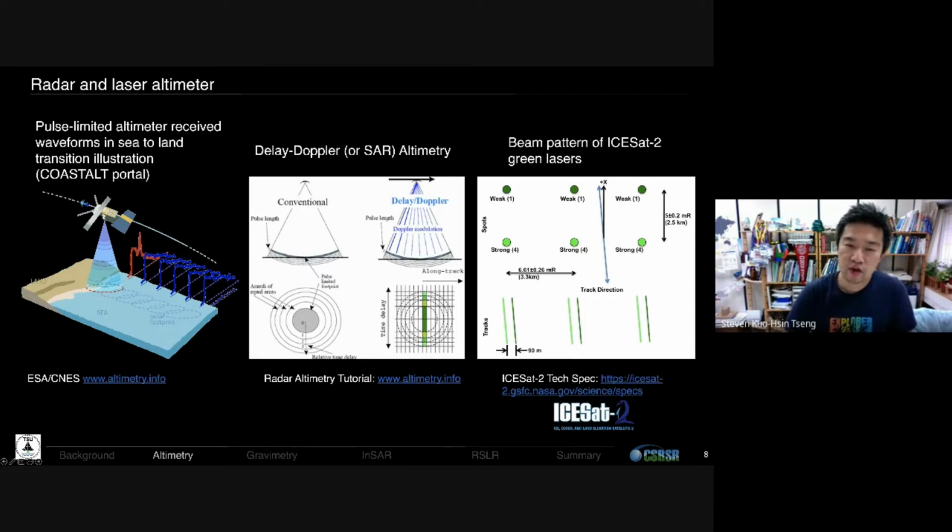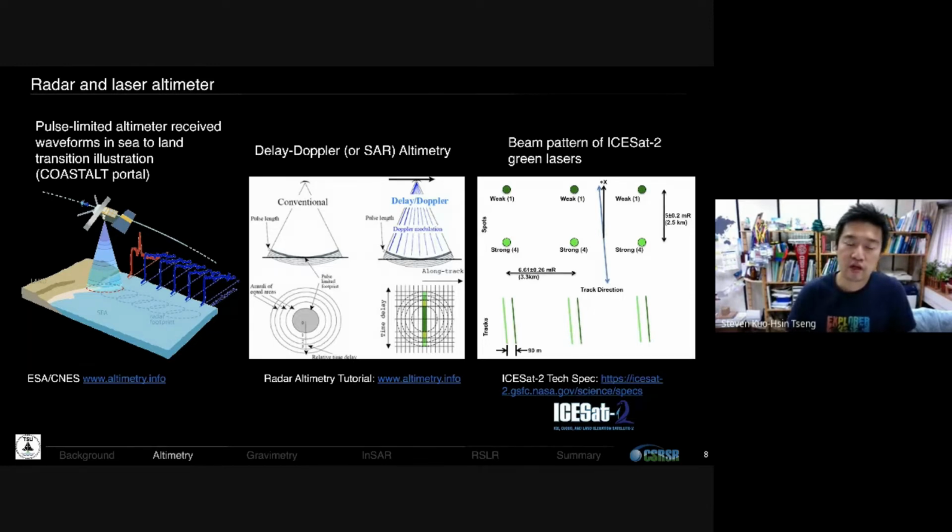When we apply this delay Doppler analysis, we can reduce the footprint size, because we can divide the circular footprint into different stripes from forward to backward. In this figure, the stripes are up and down. So every 300 meters, we can analyze the sea level at that particular stripe.